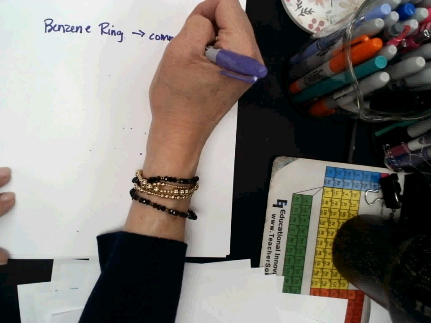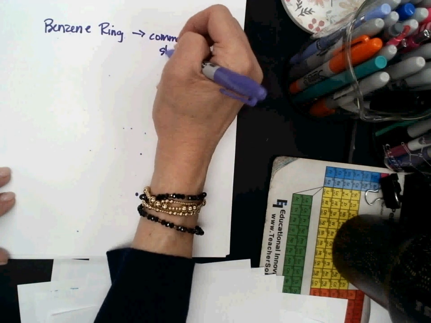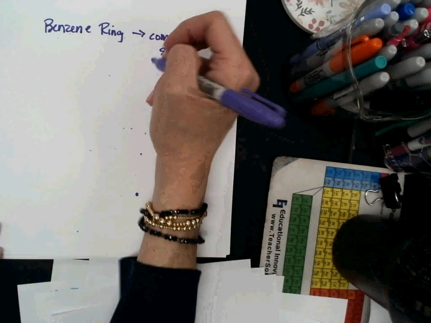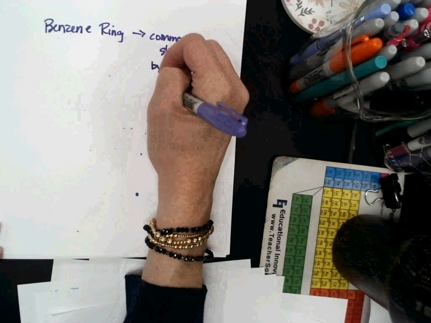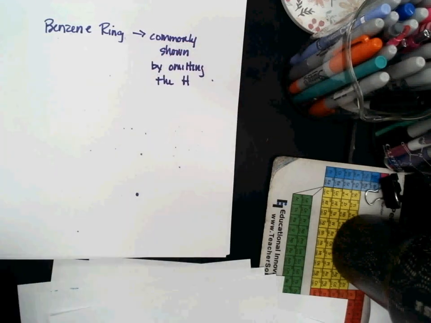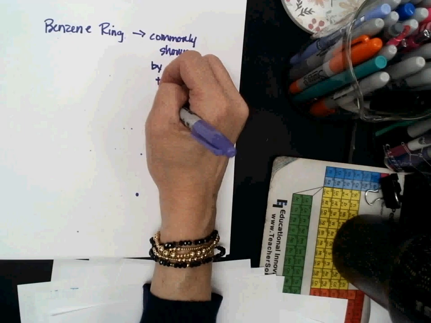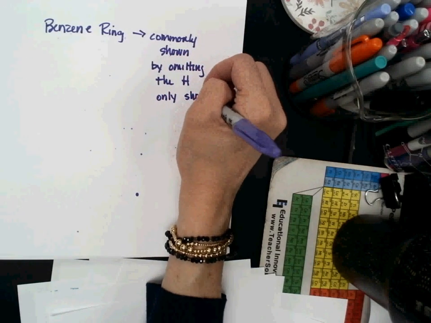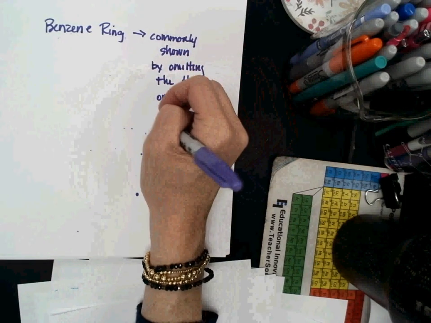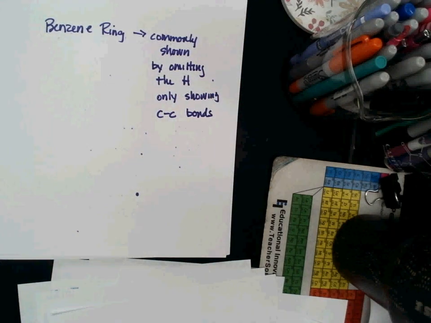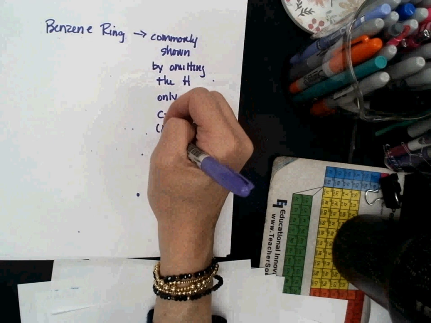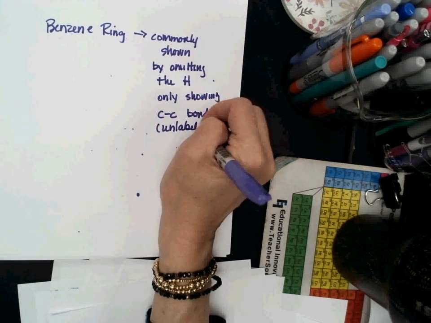This benzene ring is commonly shown, like I said, there's a lot of abbreviations of these structures, commonly shown by omitting the hydrogen and only showing the CC bonds, but it's shown in a different way.